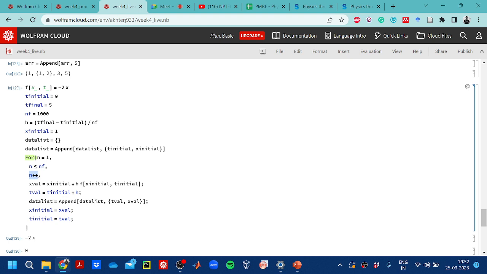So in the next run, the n value will be 2, and it will check that if it is less than nf. So if n value is 2, it is less than 1000, so it will run the loop, and in this manner, when the n value will be 1001, then it will no longer be less than nf, and it will break from the code.